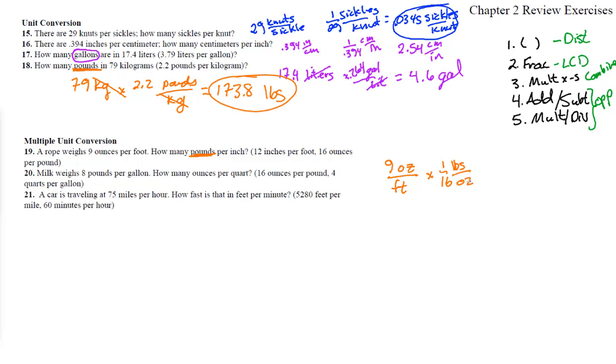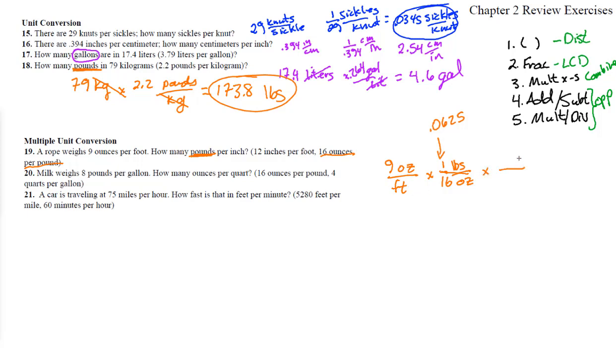So you could write it like that, or if you wanted to take this and write it as 0.0625, that's fine. That number right there is 0.0625. So we had to turn that guy upside down. Now on the next one, we have to get rid of feet on the bottom.